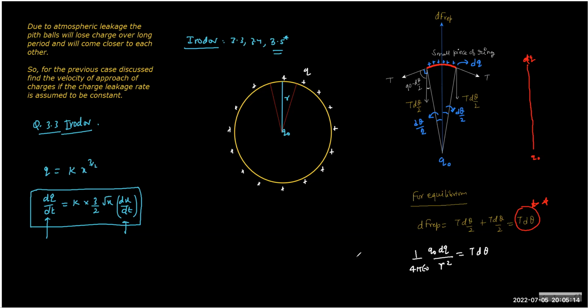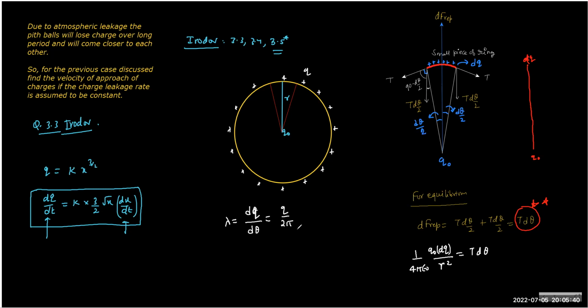Now how to write dq? We can write dq proportional to angle. So dq by d theta is q by 2 pi, isn't it? The charge per unit angle, or you can say length, will be the same. That's lambda.